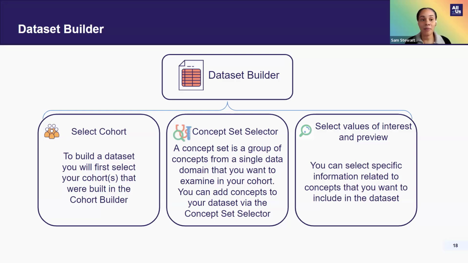You can examine lab measurements, conditions, surveys, wearable device data, etc. After creating your custom concept set, you can utilize that in the Dataset Builder or our prepackaged concept sets that our data apps team has worked really hard to create for you. For example, you may want to include values that describe information about a concept to include the visit type or the start date. You'll want to add those in the very last column, which I'll show you in just a moment.